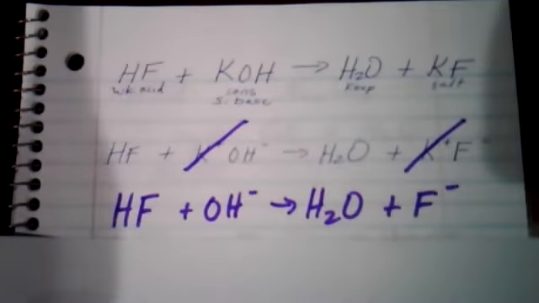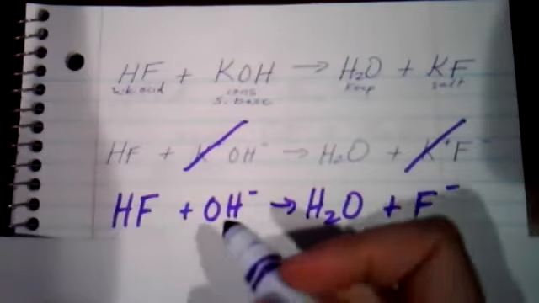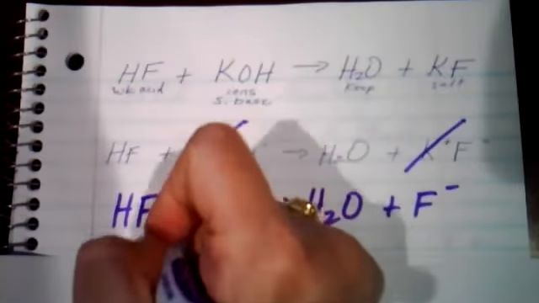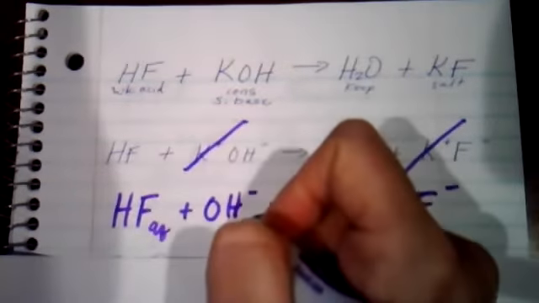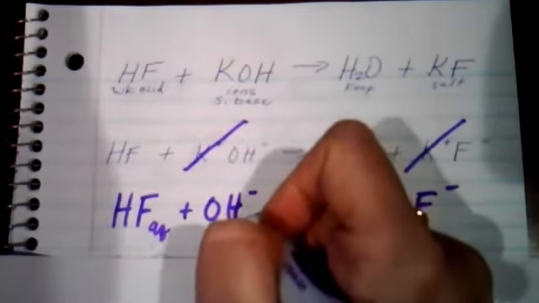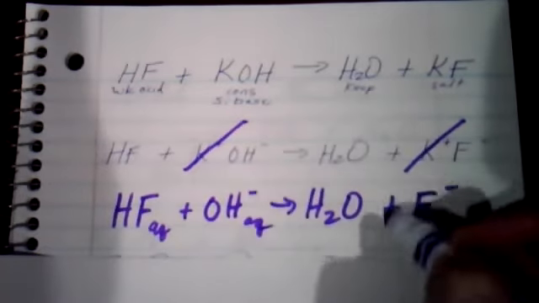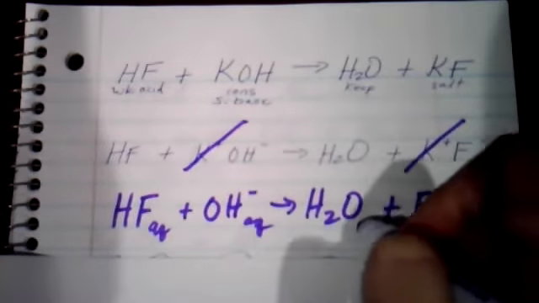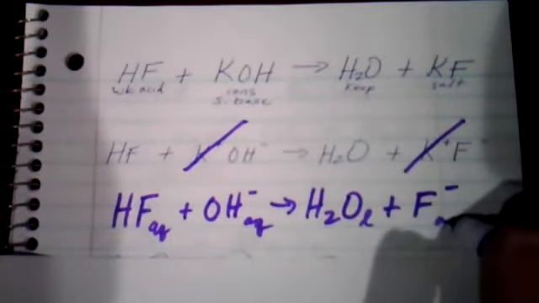And that's what you're left with. You can put the little aqueous things if you want. I don't know why I don't do it, but you can go ahead and put them on there. This is a liquid and this is aqueous.